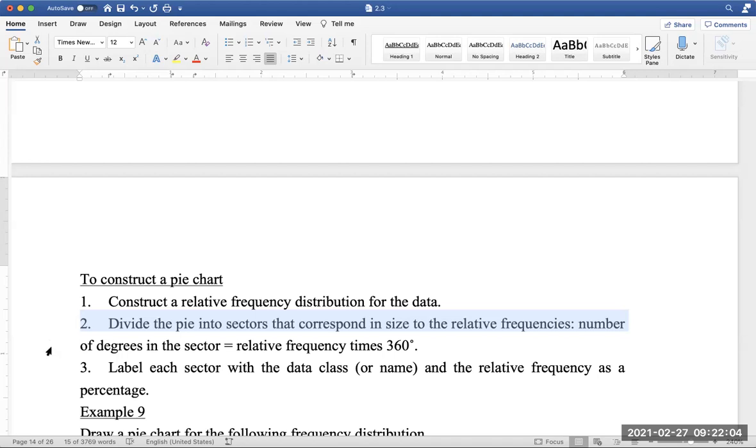Again, this goes back to the Babylonians. So divide your pie into sectors that correspond in size to the relative frequency times 360. Label each sector with either your class or your name, depending on if you're qualitative or quantitative.